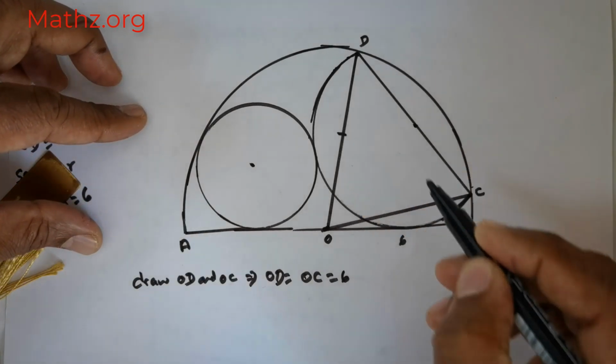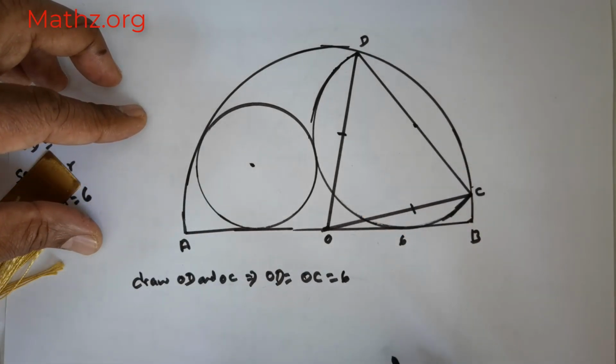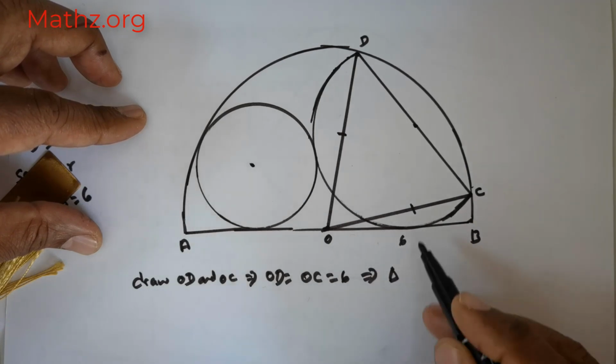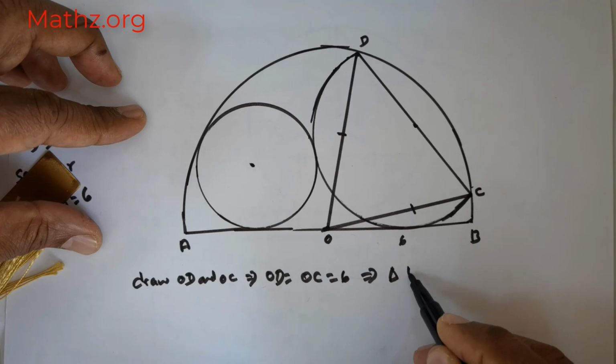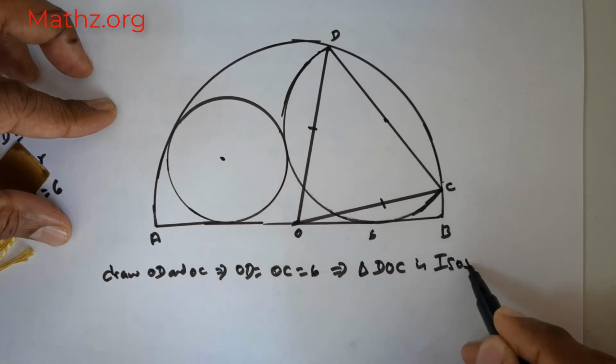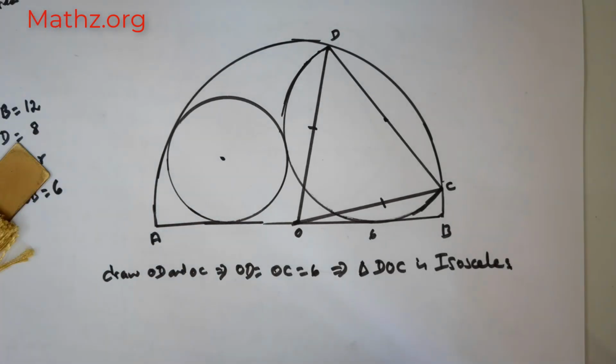So this length and this length are one and the same. So this would mean triangle DOC is isosceles, right? Is it clear? That's going to be an isosceles triangle.